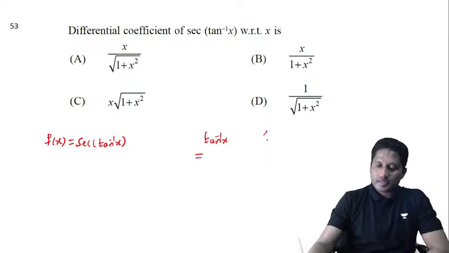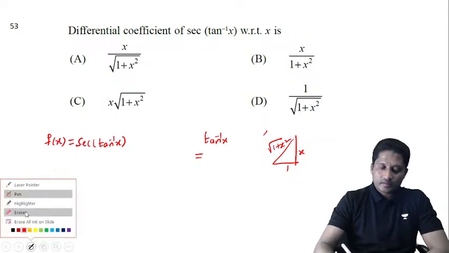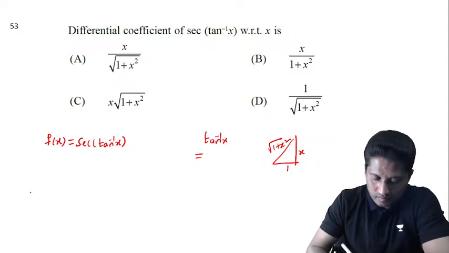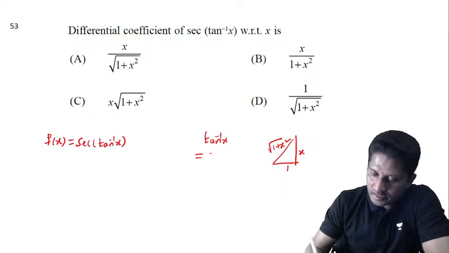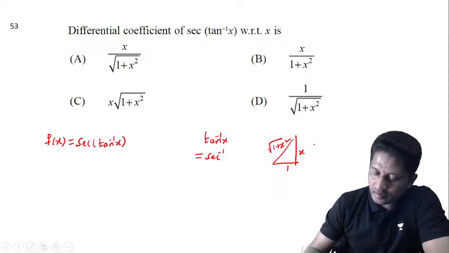Tan is equal to opposite by base. Hypotenuse will be root of 1 plus x square. Right, now sec is hypotenuse by adjacent, root of 1 plus x square by 1.